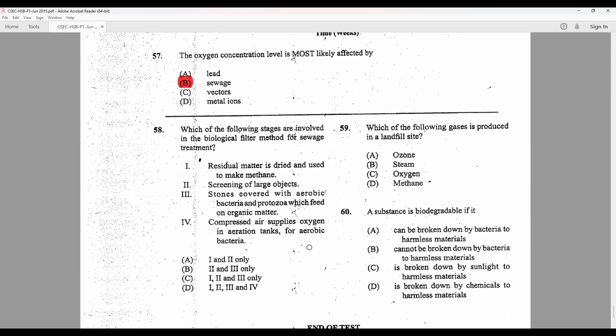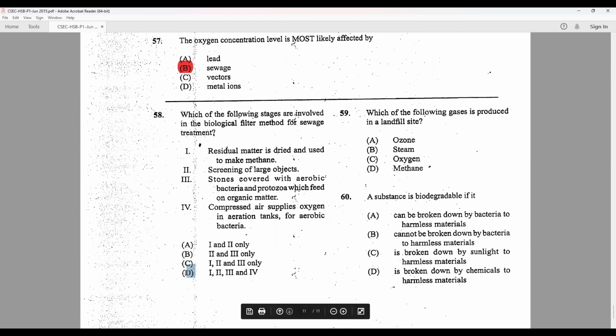All of these are part of the biological filter method. Some persons might be thinking about the compressed air. This works the same way as your fish tank at home. You need to put air into the water for the bacteria to respire. Remember, bacteria is a living organism, so this also makes sense. So the one that gives us 1, 2, 3, and 4, which is all, is D.